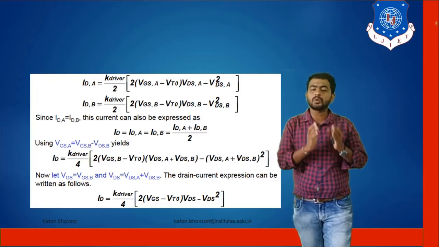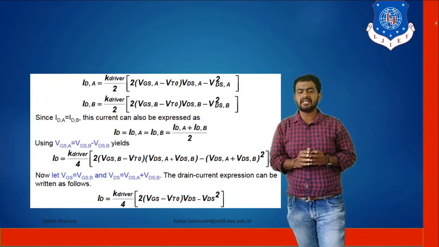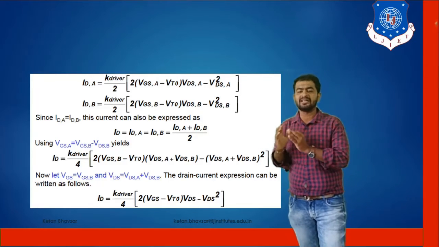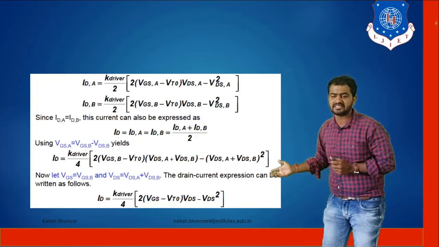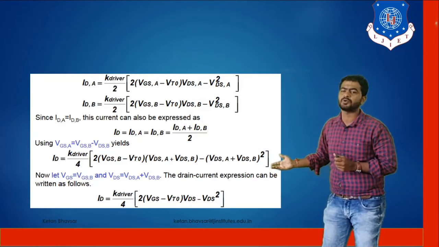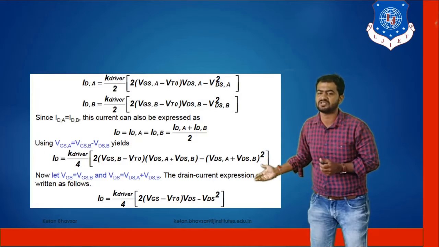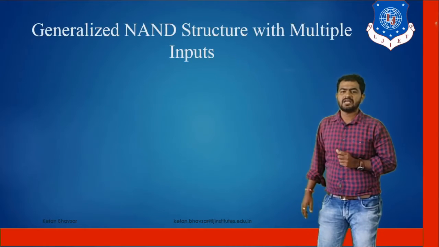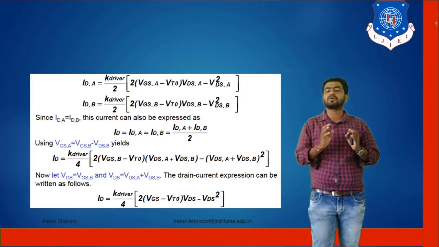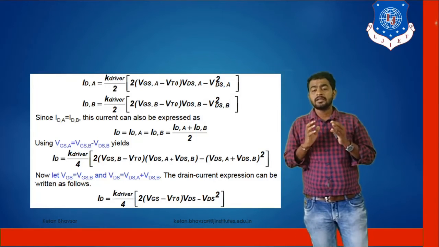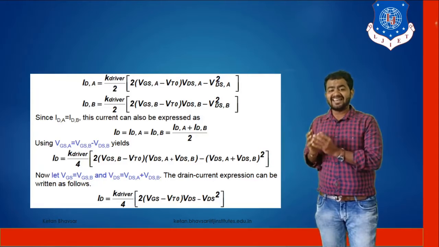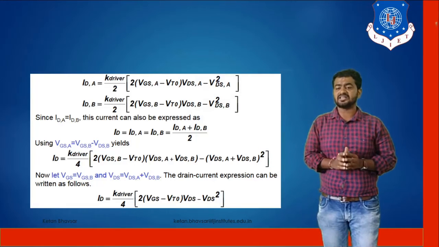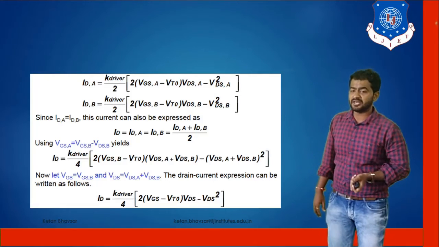For simplifying the total drain current in terms of the two-input NAND gate, we have ID is equal to K driver divided by 4 into 2 into (VGS minus VT) into VDS minus VDS squared. And this generalized equation plays a main role when we are talking about two-input NAND gate configurations in terms of drain current.